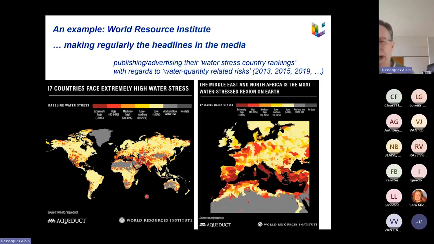If you look more in detail at the map that they are publishing for Europe and the north of Africa, there are some things that are relatively logical, but there are things that are relatively curious.